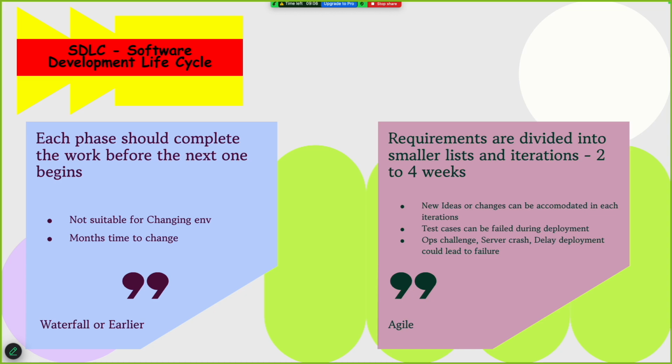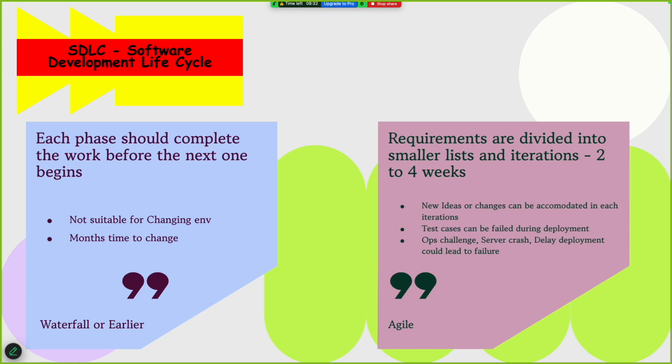Okay, so waterfall and earlier. This gives you a bit better picture about it. Waterfall or earlier methodology is not suitable for a changing environment. Today, at today's pace, companies are delivering a product every 10 or 15 minutes. But only if development equally contributes to the fast pacing environment could any company survive, right?